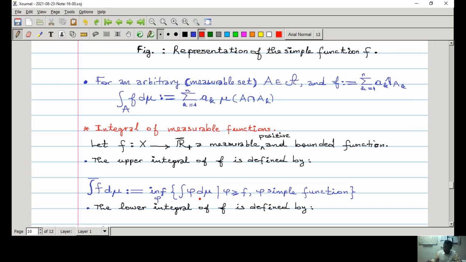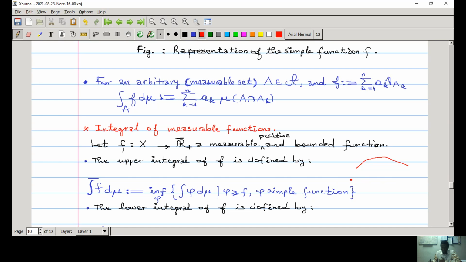Maybe if I want to represent it graphically, this is a situation, for instance. Let's say this is our measurable function. The function is like that. With Lebesgue, what we usually do, we don't partition the interval.